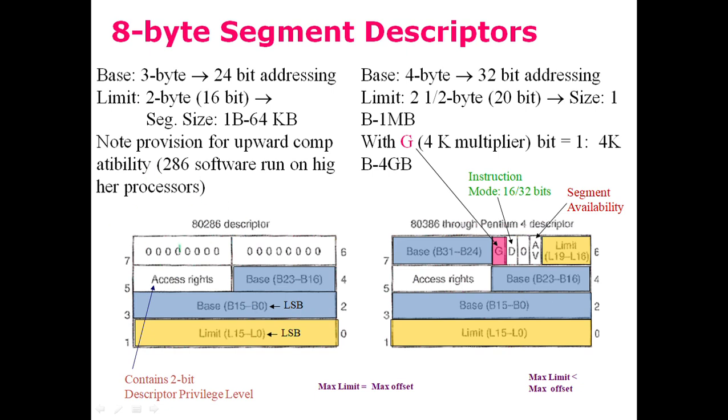So in the 80286 microprocessor, a segment of 1 byte till 64 kilobyte can be defined, while in 80386 and above, the descriptor can describe a segment of 4 kilobyte till 4 gigabyte. And the limit condition is slightly different. The maximum offset address must always be less than or equal to the limit field here.